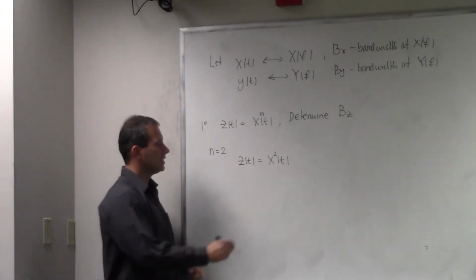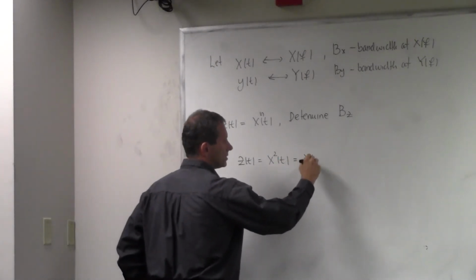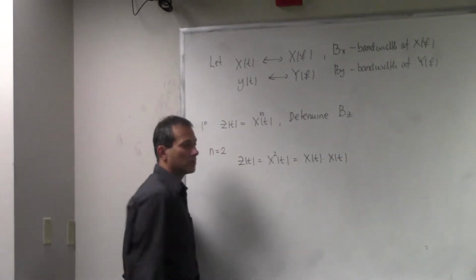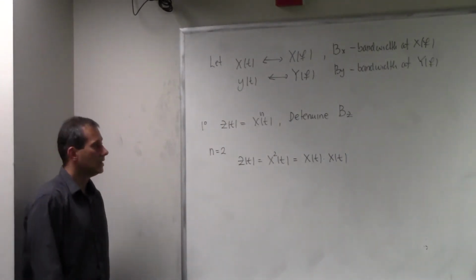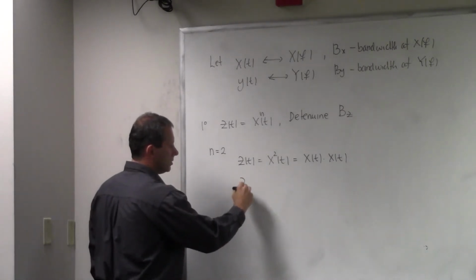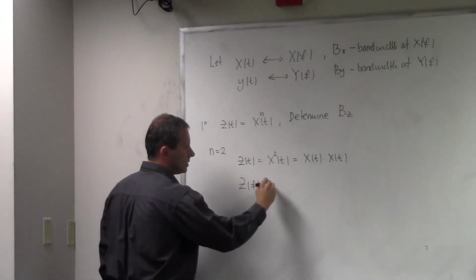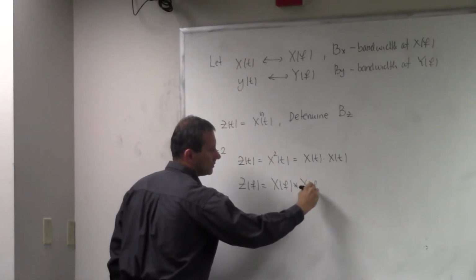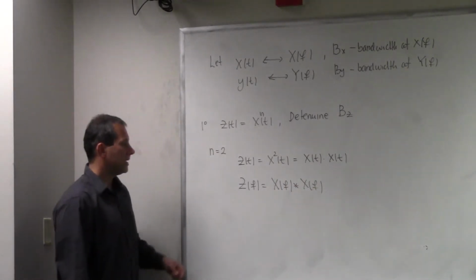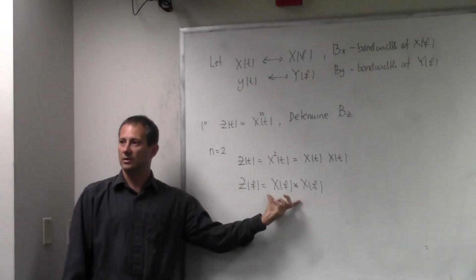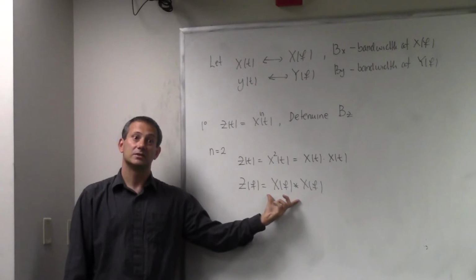Now the way you understand this is x of t times x of t, so it's the product of x of t with itself. If I take the Fourier transform of both sides, you get that z of f is equal to x of f convolved with x of f itself. If the bandwidth of x of f is bx, what's the bandwidth of this whole thing? 2bx, right?